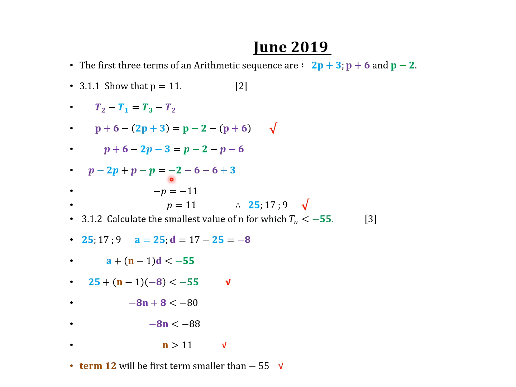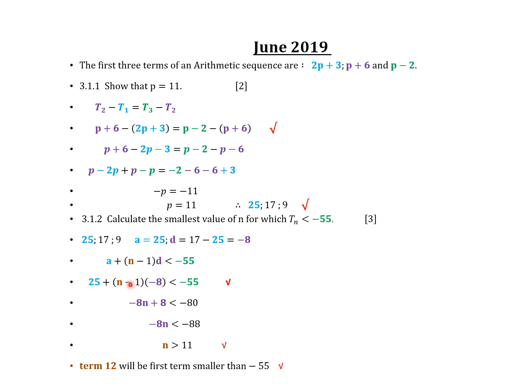Right, now 3.1.2, calculate the smallest value of n for which Tn is less than negative 55. So we need to get the Tn formula. So Tn equals a plus n minus 1 times d, less than negative 55. A being 25, d is 17 minus 25, which gives me negative 8, and I have n minus 1.